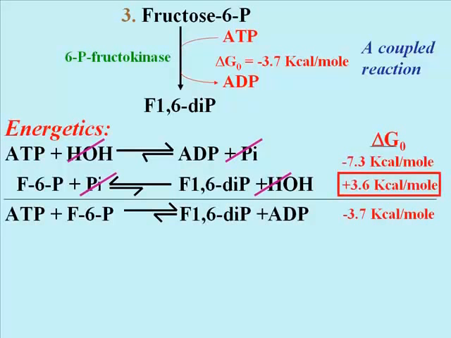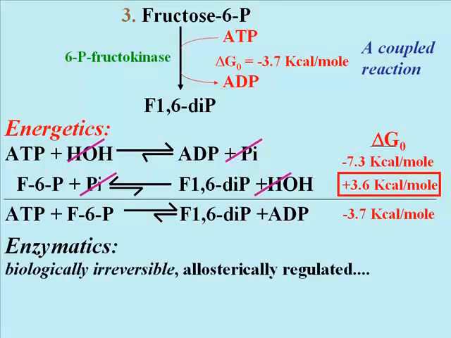Since the standard free energy change, the delta G0 for the overall reaction, is minus 3.7 kilocalories per mole, and since the hydrolysis of ATP is exergonic, generating minus 7.3 kilocalories per mole, we can calculate the standard free energy change for the phosphorylation of fructose 6-phosphate to be plus 3.6 kilocalories per mole.